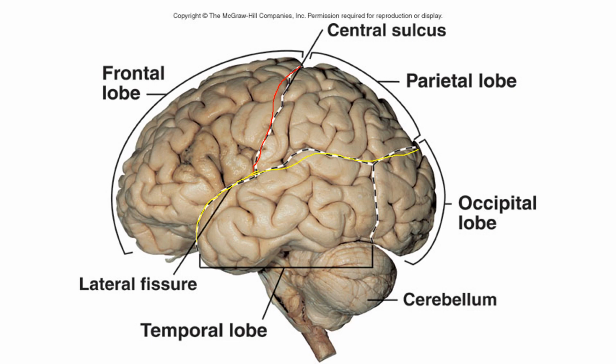Okay, so in some models, these parts are very napapansin talaga. They are the features of the brain na mapapansin mo talaga when it comes to the separation of the different lobes of your brain.